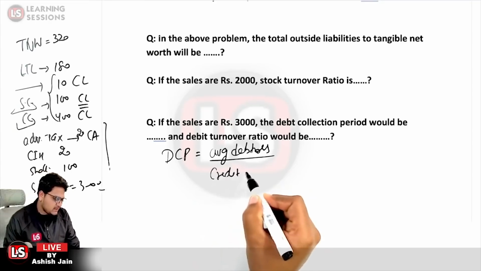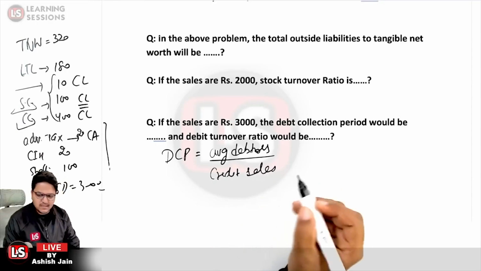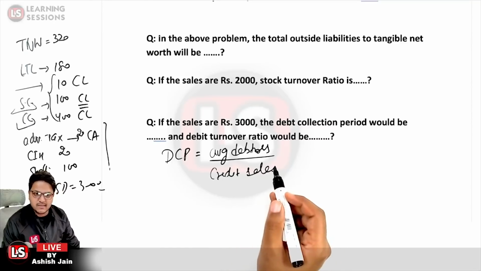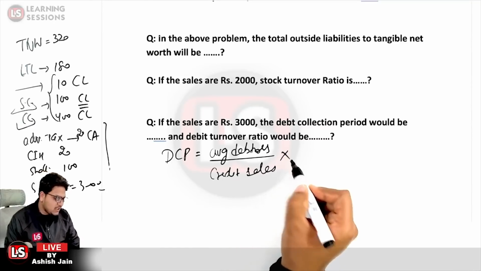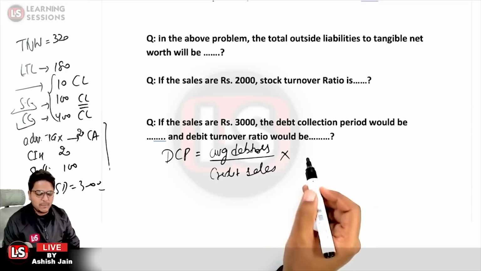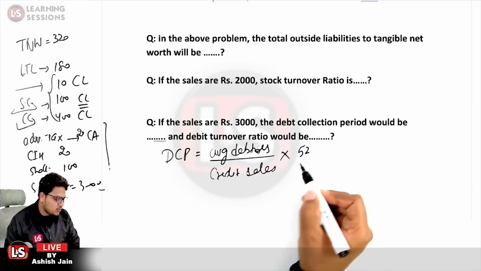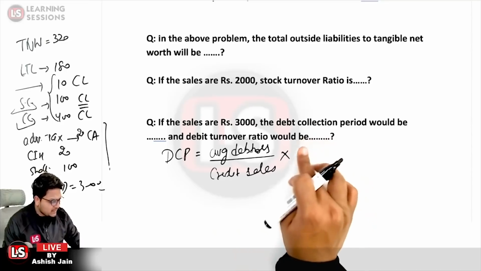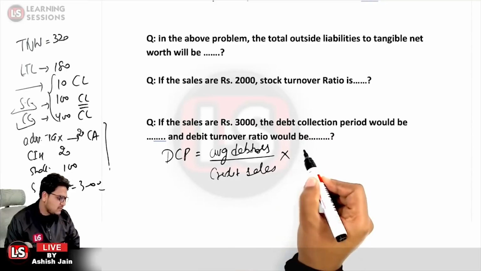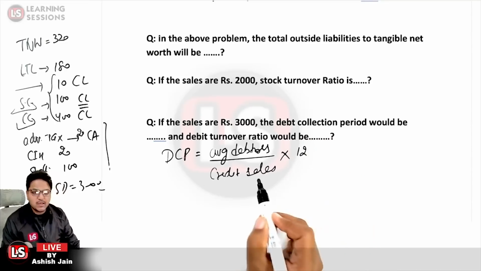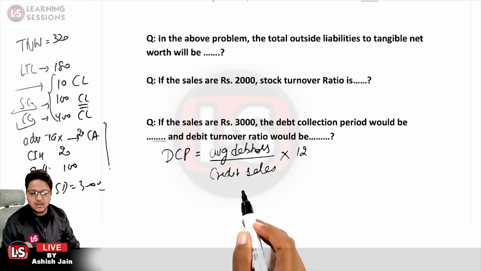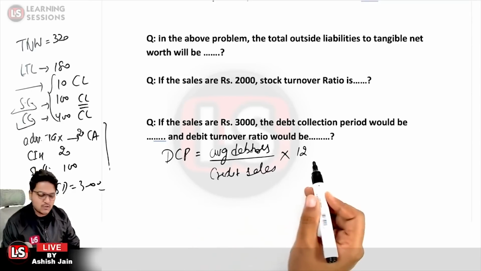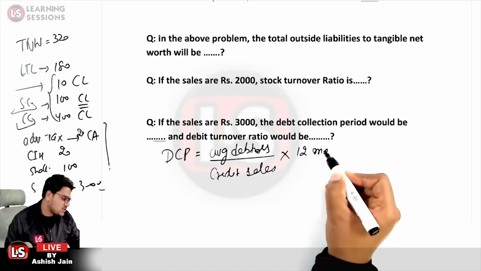If credit sales are not provided, we consider the sales to be credit sales itself. Then we multiply by 52 if we want the collection period in weeks, and by 12 if we want it in months. In this case we calculate it in months, so I'm multiplying by 12.